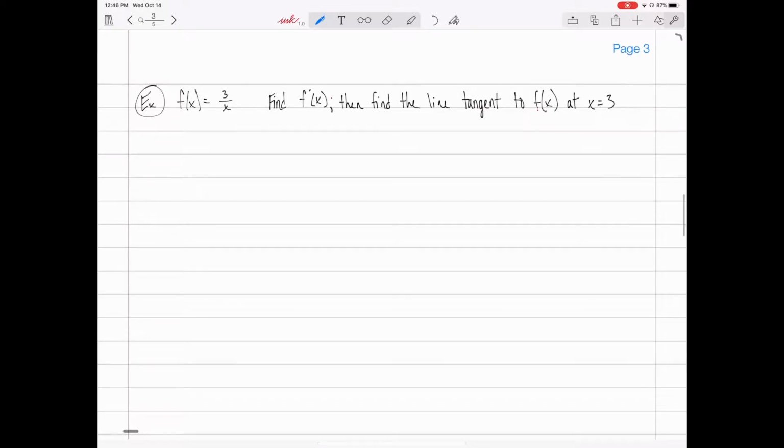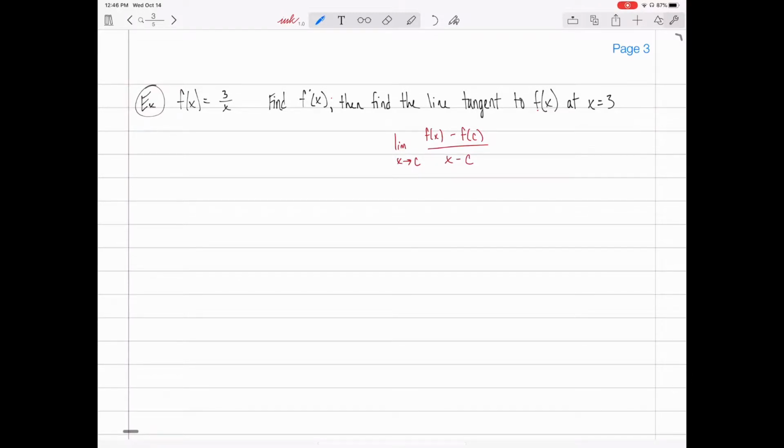So the shortcut is the limit as x goes to c, so that would be your point, of f of x minus f of c divided by x minus c. If we do this right, it will give us the same solution we had from the last problem.